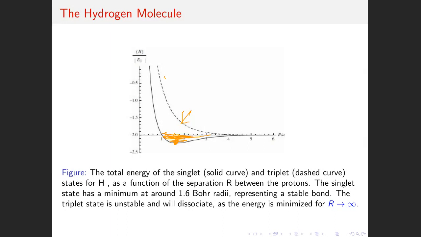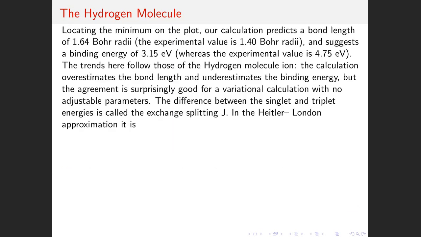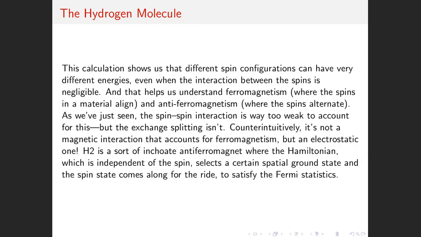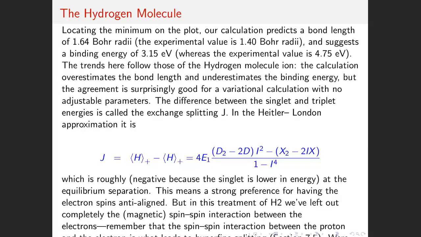For the other one, the minimum occurs at infinity. So this one will be unstable, the other one will be stable. You can also find this J, which is just the difference between the energy of the singlet and the triplet. And this might be what you get.